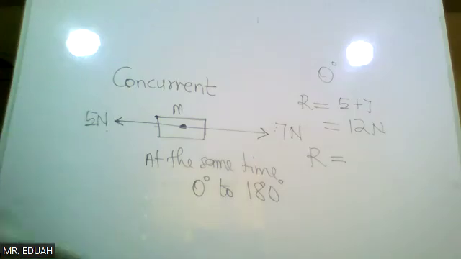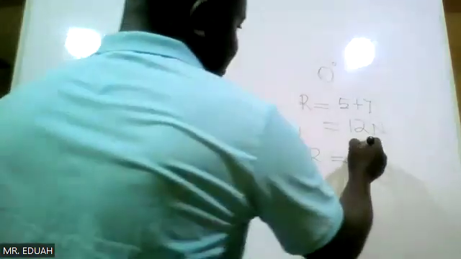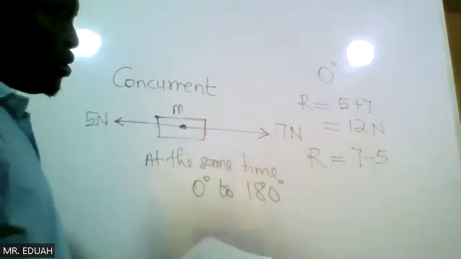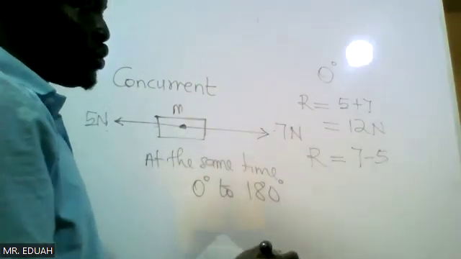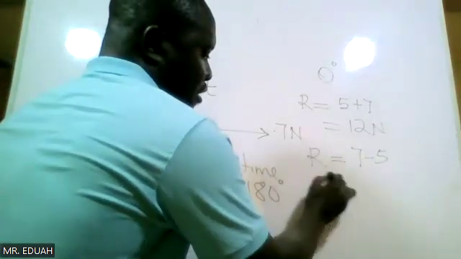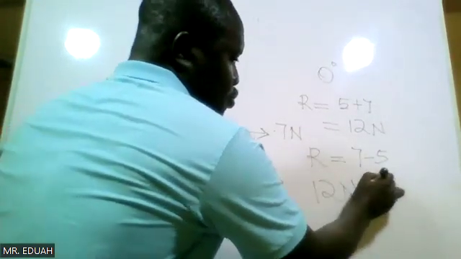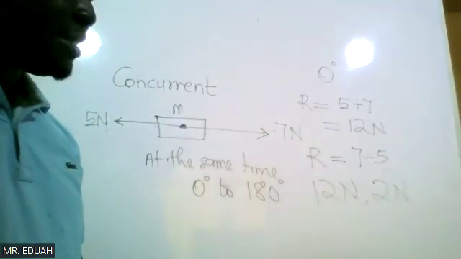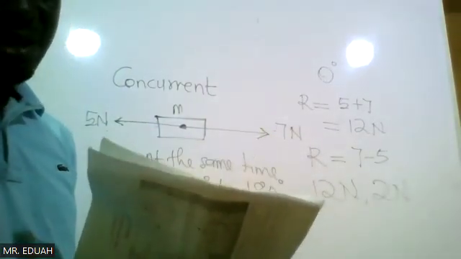You subtract the smaller one from the larger one. So the magnitude would change from 12 Newton to 2. And so option C is correct.